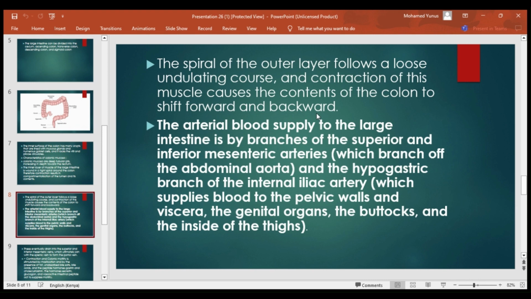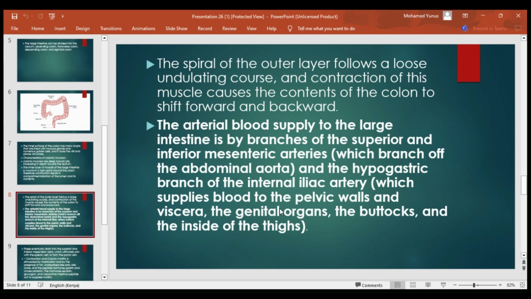Now let's talk about the blood supply of the large intestine. We find that the arterial blood supply to the large intestine is by the branches of the superior and inferior mesenteric arteries, which branch off from the abdominal aorta. We also find the hypogastric branch of the internal iliac artery, which supplies blood to the pelvic walls and the viscera.